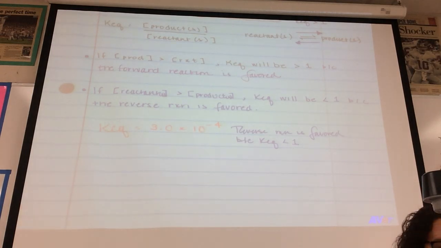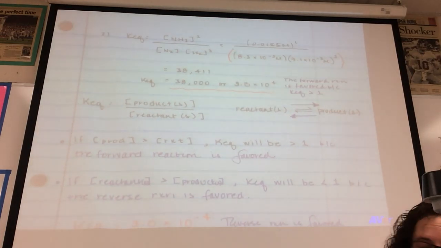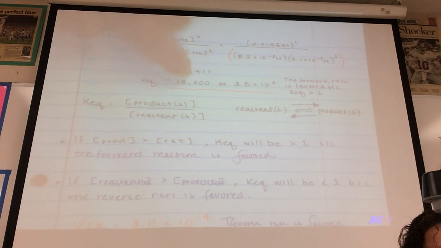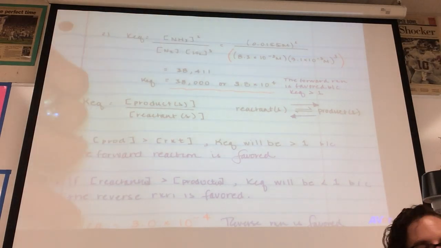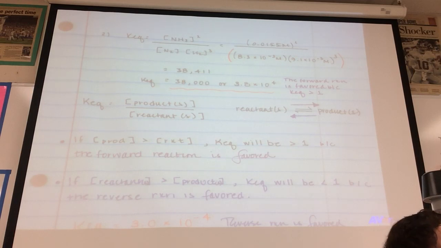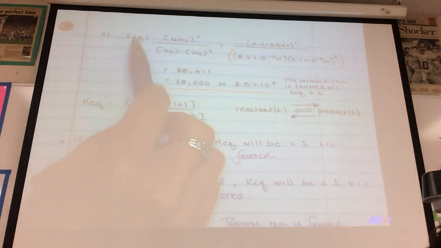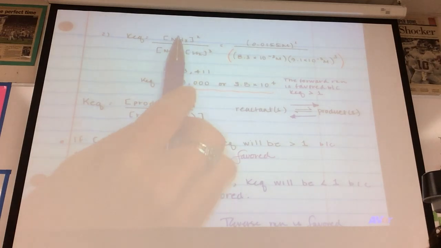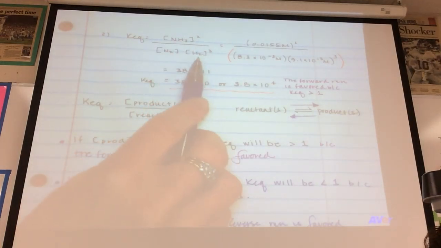So you know how to write KEQ expressions. You know how to solve KEQ expressions. And you know how to interpret them. And the last thing we want to look at today is if you are given KEQ and 2 concentrations, can you get the missing equilibrium concentration?